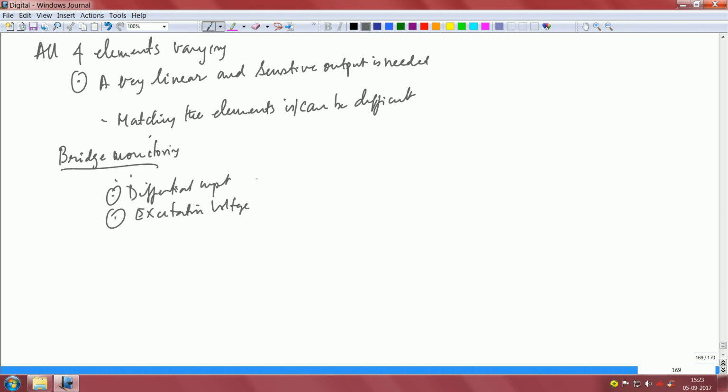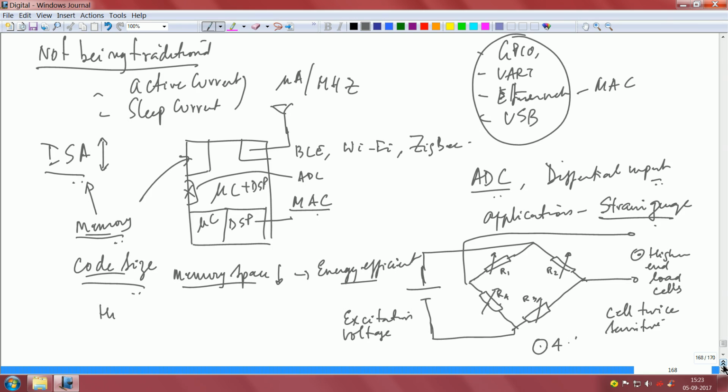Now, go back and put everything that you know. Is this excitation voltage derived from energy harvesting? If so, you are in deep trouble, because the energy that is harvested has to be stored into a capacitor and you have to maintain the excitation voltage constant, right, every time you are making a measurement, because if this excitation voltage is varying all the time, the output is going to also keep varying.